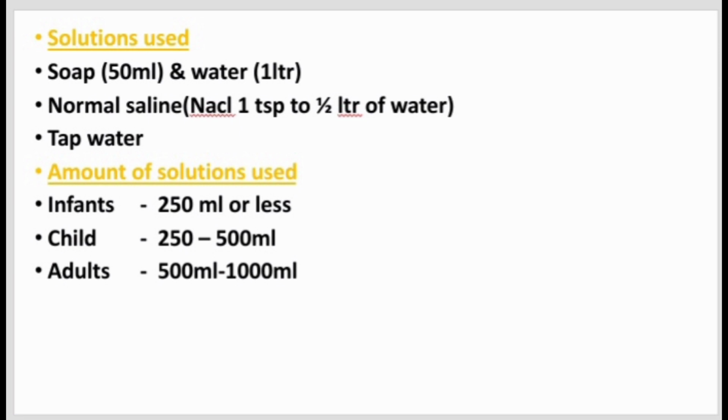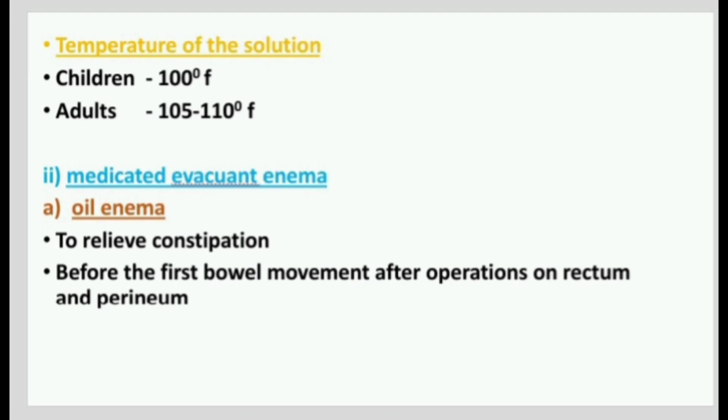Amount of solutions used: in infants 250 ml or less, child 250 to 500 ml, adults 500 ml to 1000 ml. Next is temperature of the solution. In children 100 degree Fahrenheit, in adults 105 to 110 degree Fahrenheit.